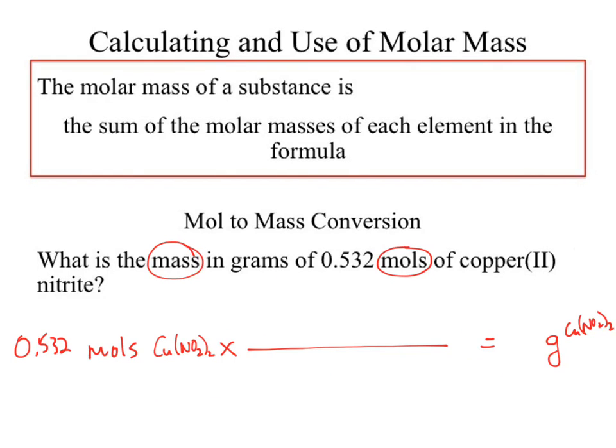New question. We put down what we wanted as an answer. We put down what we started with. What do we need to do for our conversion? Moles of our copper nitrite need to cancel. So we'll put it in our denominator so it cancels. What needs to show up in the numerator? Grams of our copper nitrite. Is there a conversion factor between the moles and grams?